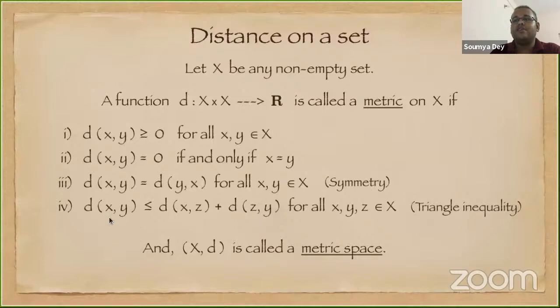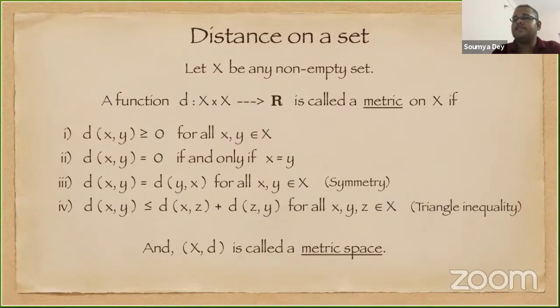If you have 3 points on your plane, say x, y, and z, then d of xy should be less than or equal to dxz plus dzy. Such a function from X cross X to the real line is called a metric, and this pair X comma d is called a metric space.